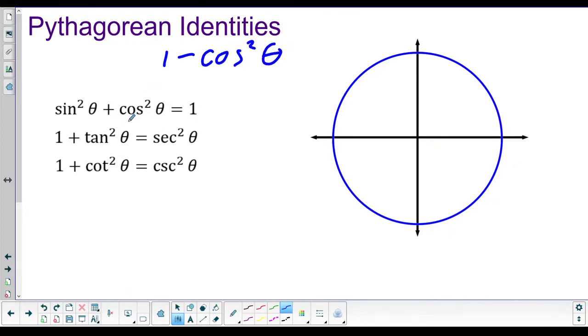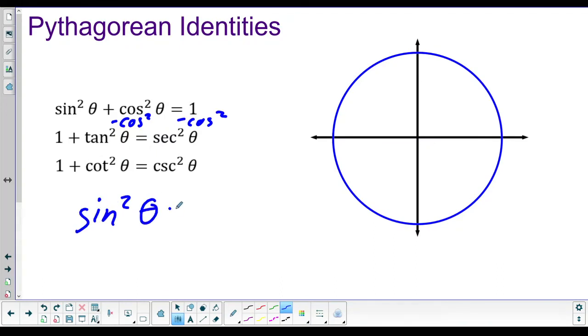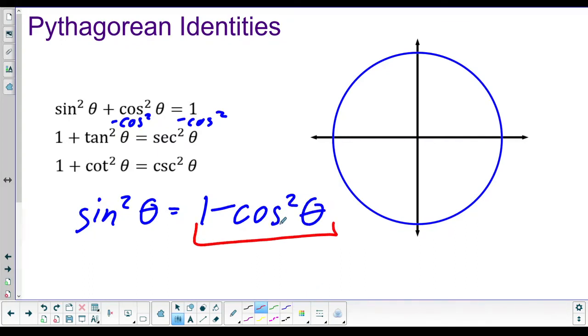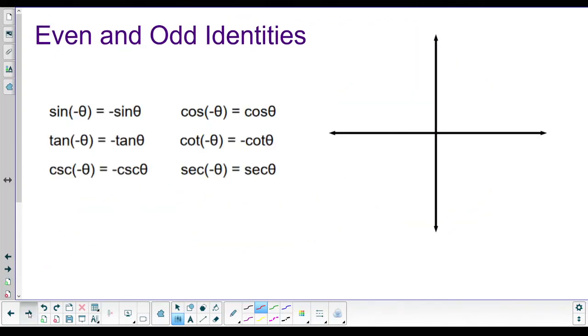So let's move this cosine squared over to be with the 1 by subtracting. So we're going to do minus cosine squared on both sides. Okay, so we have sine squared theta equals 1 minus cosine squared theta. So we can take our 1 minus cosine squared theta and substitute it for sine squared. So let's go do that.